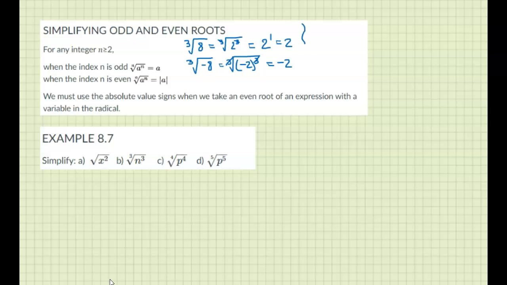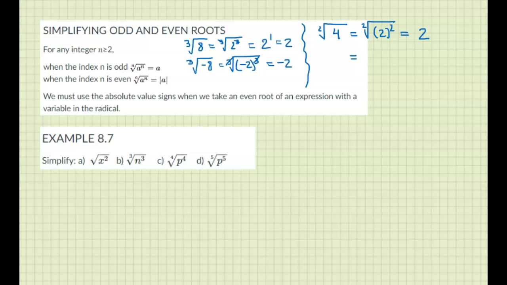And let's see what happens with an even radical, so square root. If we have square root of 4, we can think of this as square root of 2 squared. The square root means you have an index of 2 there, so this is going to just be positive 2.